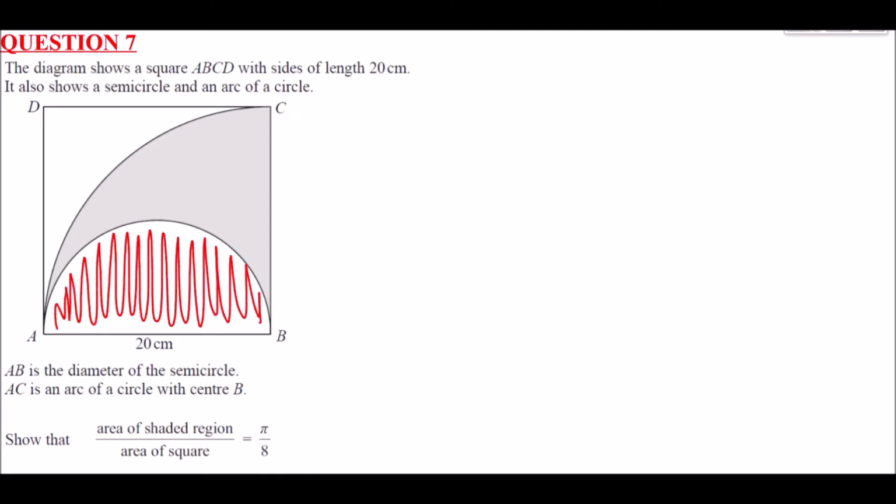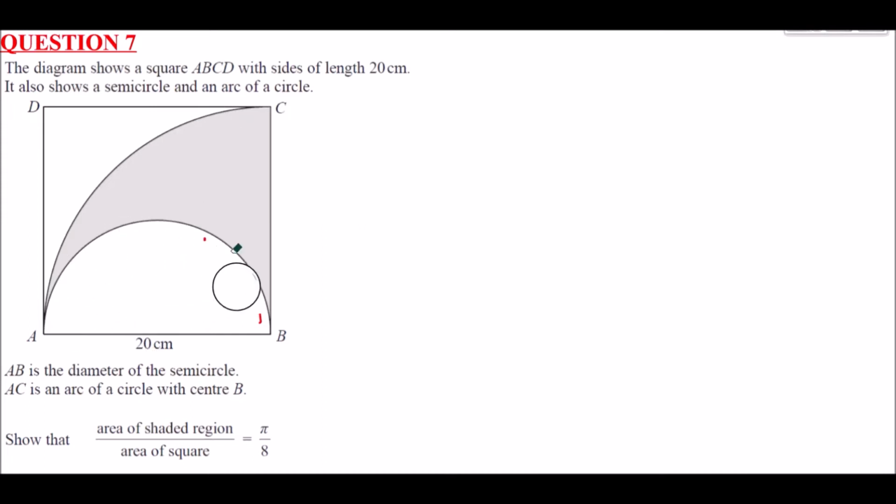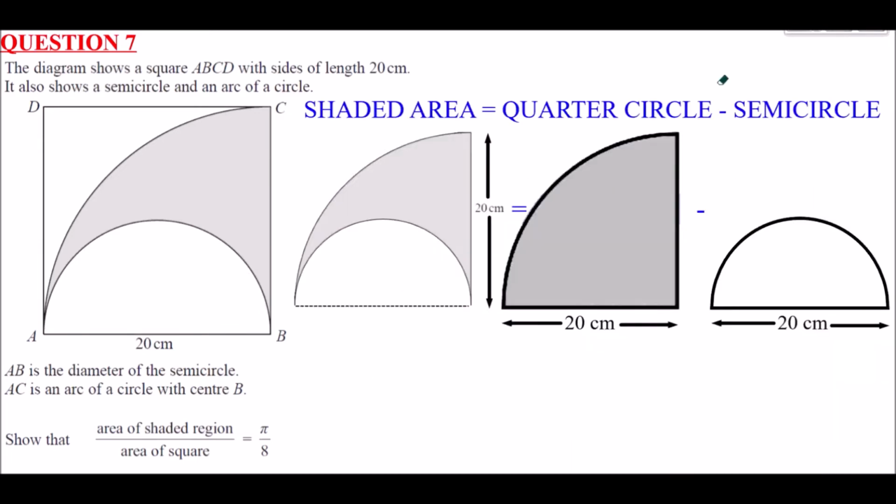But then that bottom bit, which I've called in red, was cut away and removed. So you can think of, in one sense, this shaded area as being the quarter circle, this whole thing, with this semicircle cut out from underneath it.